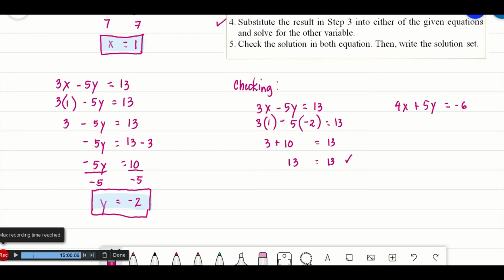So check. Now let's go to the second equation, 4x plus 5y equals negative 6. Substitute our solved values of x and y.